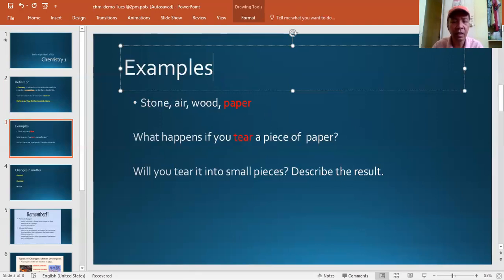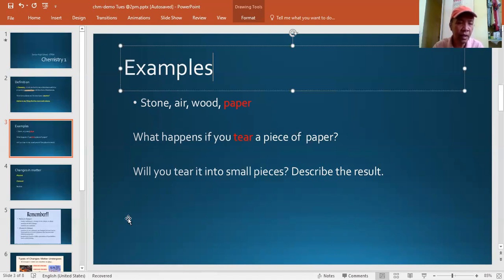You will notice that there is a change in size, because the original one is big, but after tearing the paper, you have small pieces of paper. But the most important thing here is that you still have bits of paper.